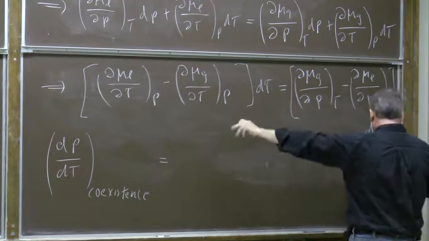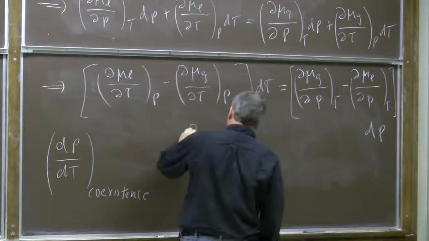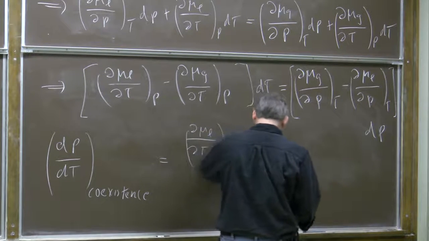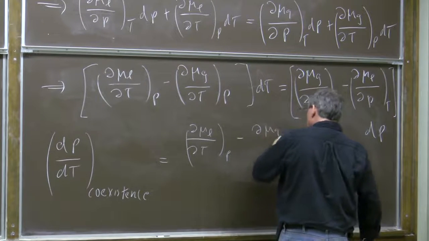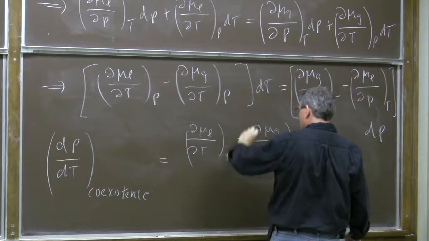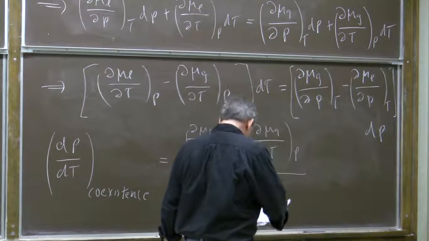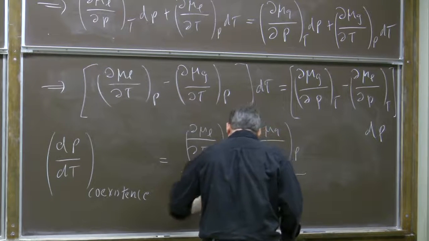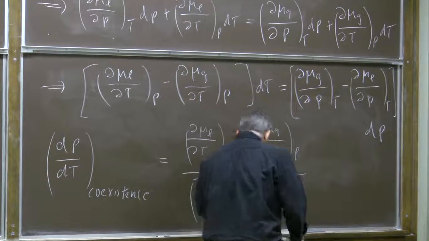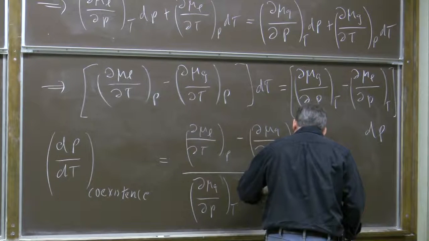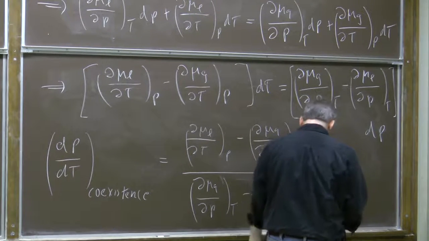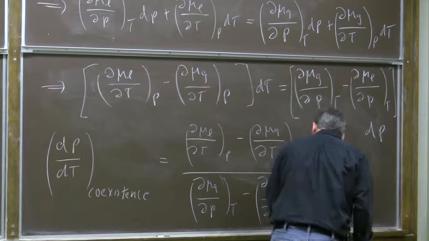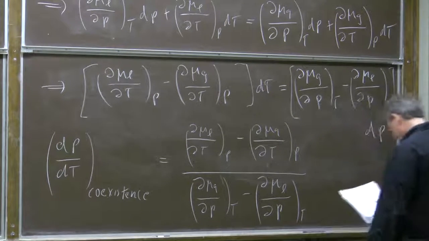Dividing by d tau and putting this in the denominator on the other side, derivative of chemical potential of liquid with respect to temperature at constant pressure minus derivative of chemical potential of gas with respect to temperature at constant pressure in the numerator, chemical potential of gas differentiated with respect to pressure at constant temperature minus chemical potential of liquid differentiated with respect to pressure at constant temperature in the denominator.